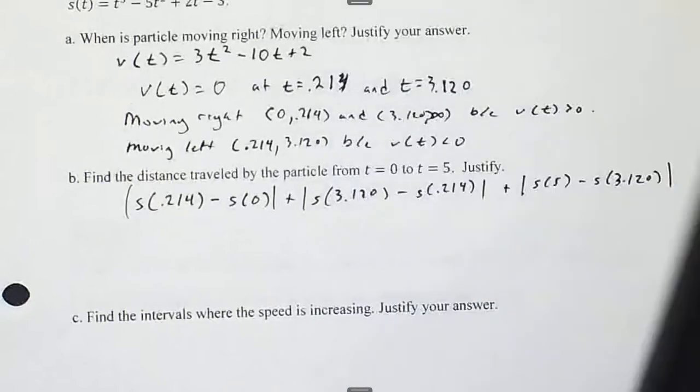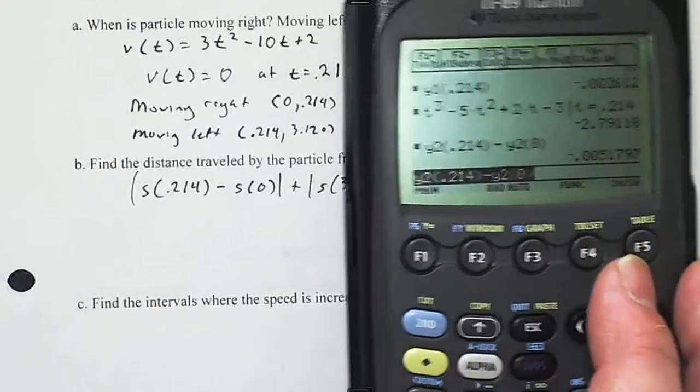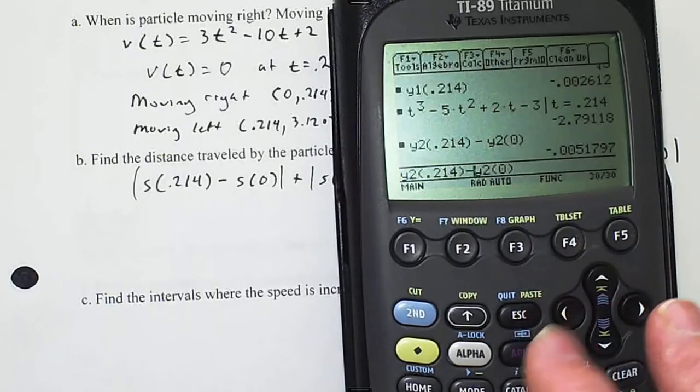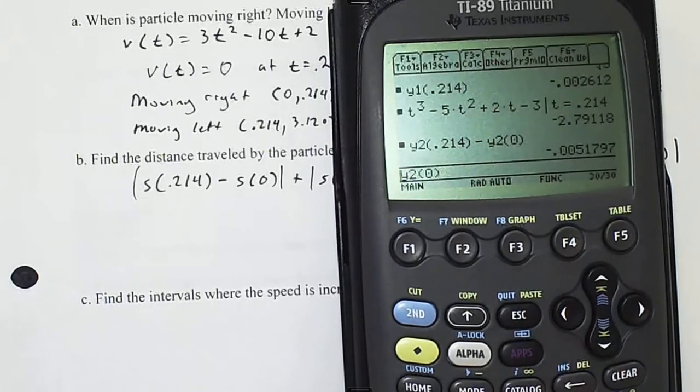Should be positive, though. Unless I mistyped it in.